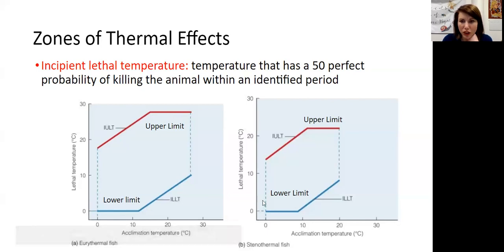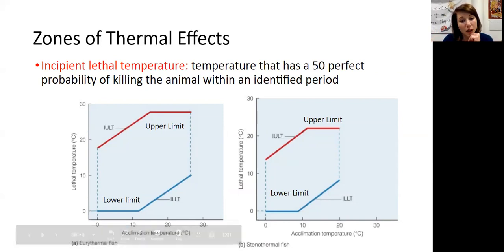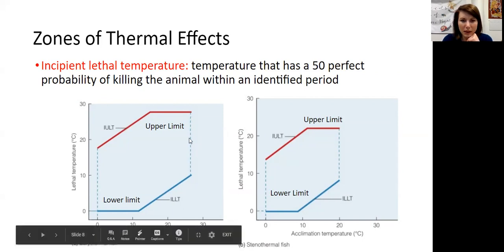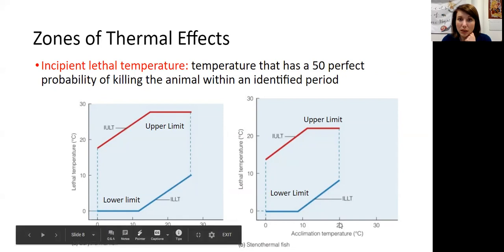So if you compare these two graphs here, you can tell there's some differences between this more tolerant species and less tolerant species, where our eurythermal fish here, this limit doesn't hit until, I don't know, want to call that like 26 degrees. And then on our fish with the more narrow range, this is going to land us at 20 degrees.